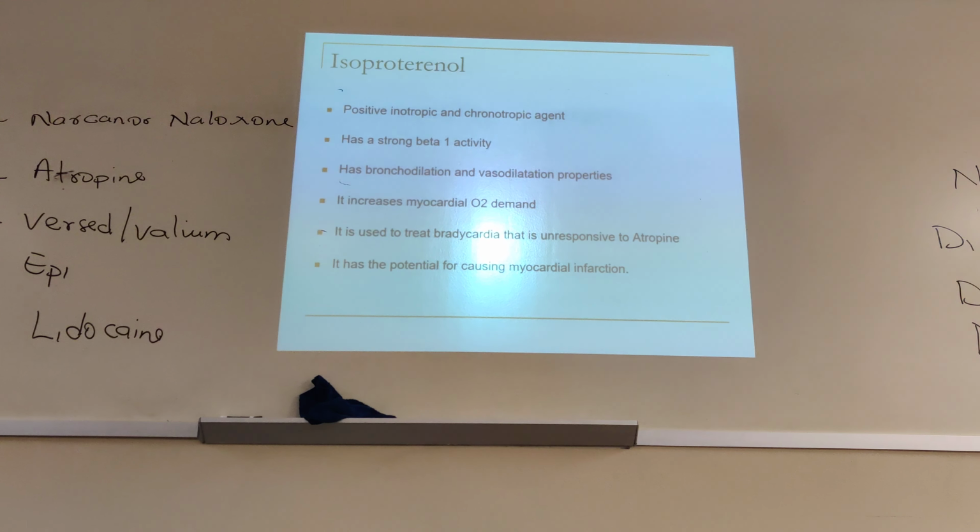But if you're giving atropine and it is not increasing the heart rate, then we give isoproterenol. Okay? Isoproterenol can cause your heart to demand more oxygen. And if you're not providing adequate oxygen to the patient, they may end up having a heart attack. So that's why we don't like to use it as the first choice.